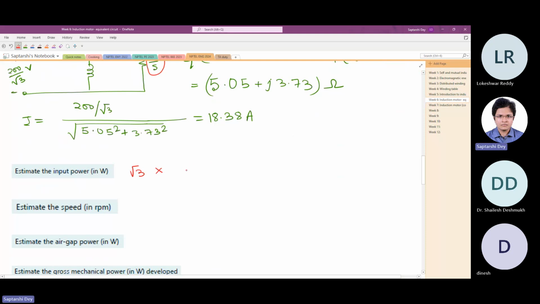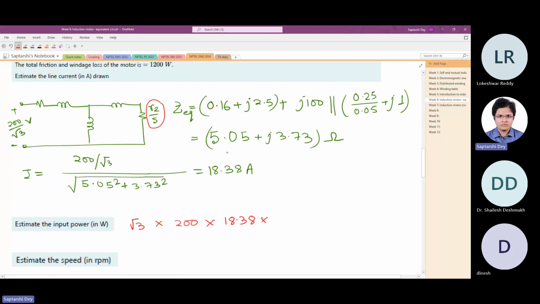Anyway, so input power is √3 VL IL cos phi. VL is 200 volt, IL we found out. What will be the cos phi? Cos phi is the power factor angle, so that will come from here. This will decide the power factor.